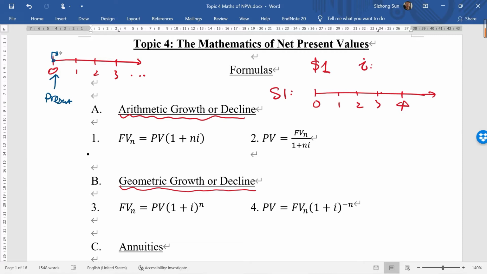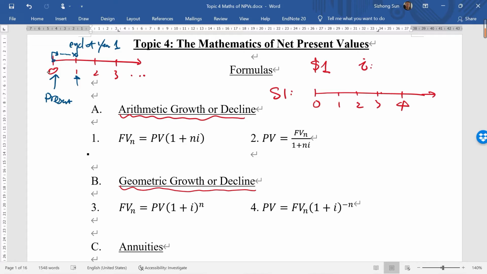And if I keep moving, in the end I reach the end of year 1. So you want to know that the tick 1 here denotes the end of year 1.